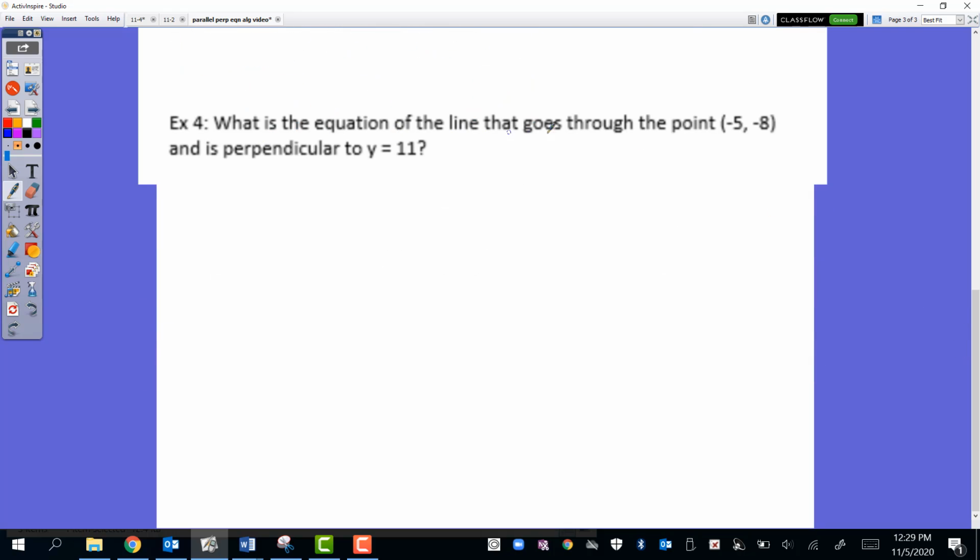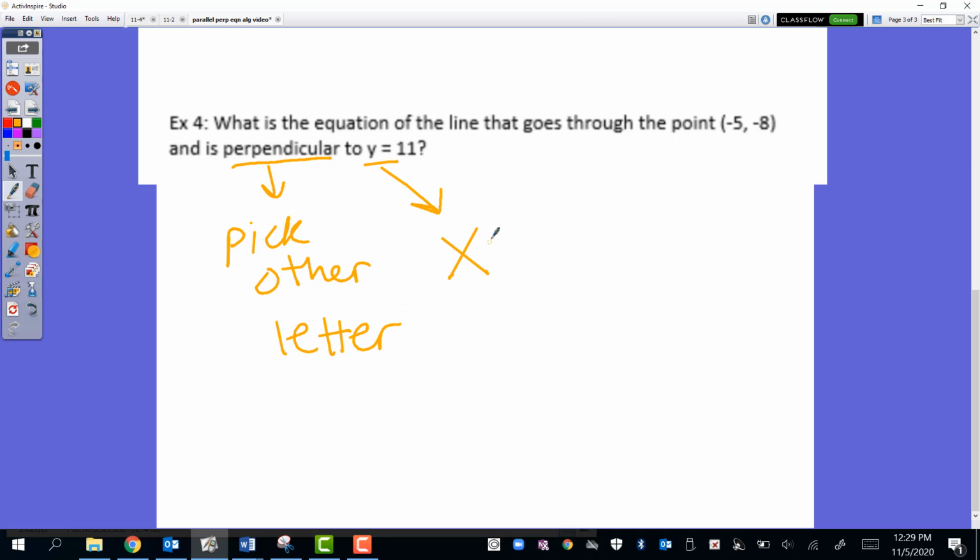Perpendicular. So what is the equation of the line that goes through this point and is perpendicular to y equals 11? Well, perpendicular, since this is a special equation, means I'm going to pick the other letter. So what letter did they give me? Y. That tells me pick x instead.